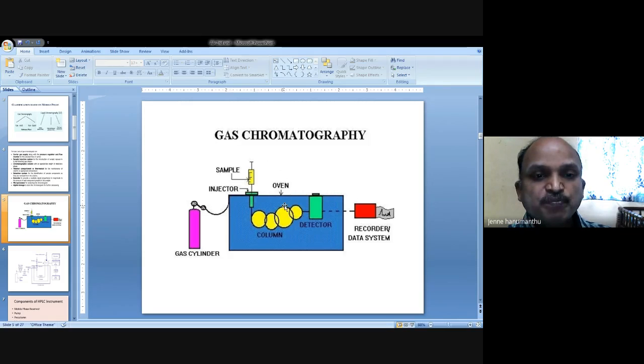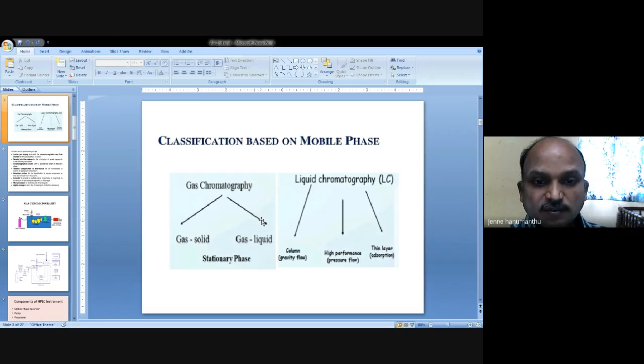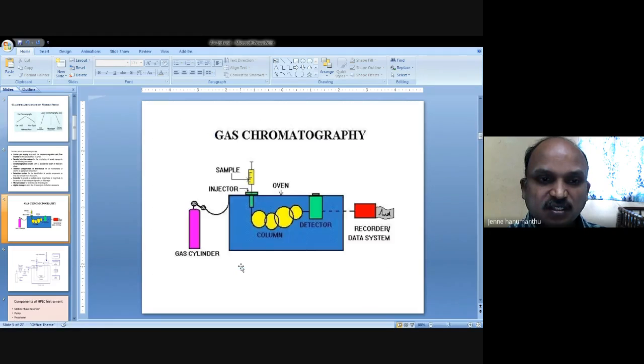And what is the stationary phase? The stationary phase is nothing but a column.